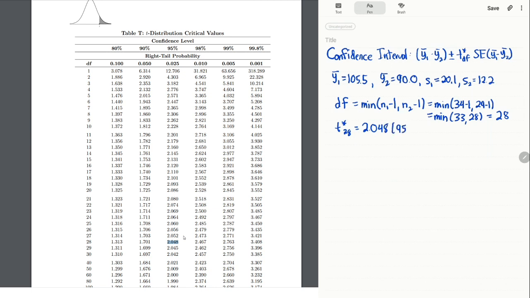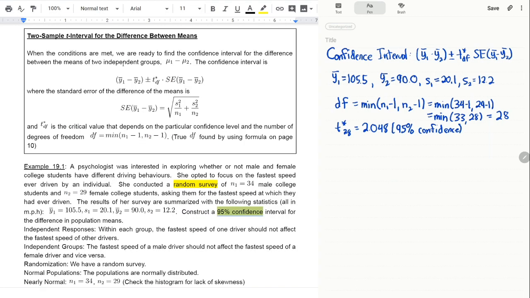Okay, so now the next thing that we need is the standard error. And we calculate the standard error by using the square root formula. So we take the standard deviation squared over the sample sizes added together.